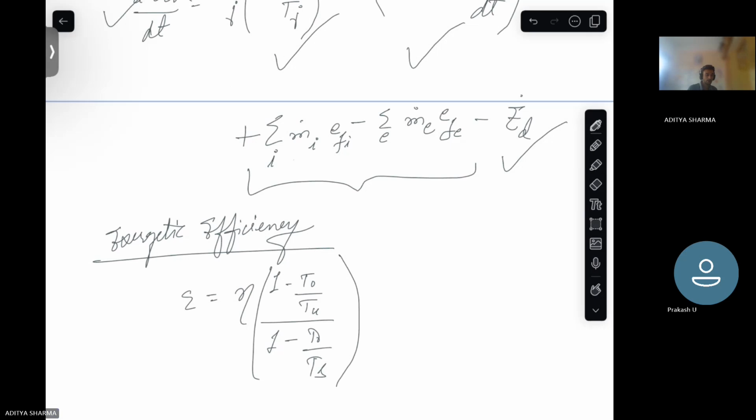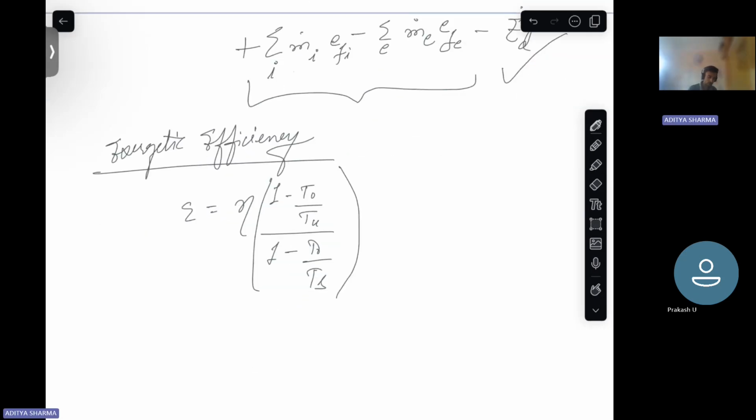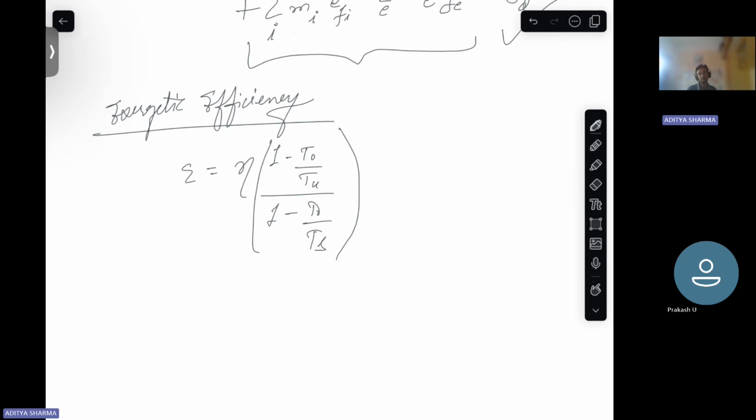So this has been discussed in terms of a system where the system is receiving some heat from some source, and then it is operating at some temperature. This whole system is giving us some work.